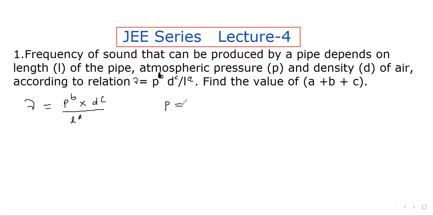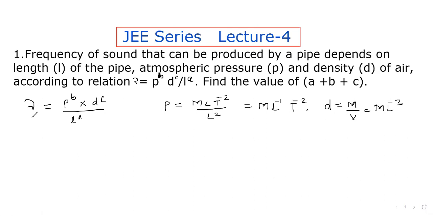Here P is pressure. So the dimension of pressure will be force upon area. Force is M L T^-2 divided by L squared. So this will give M L^-1 T^-2. Density D is mass upon volume, so M L^-3. And L is length.